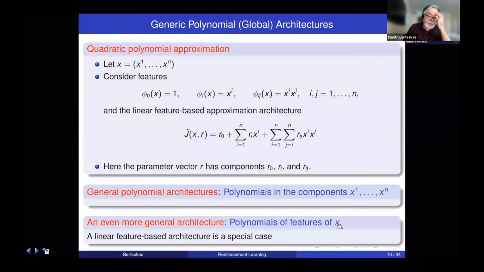In other words, we construct for x an m-dimensional feature vector, and we construct a polynomial architecture that weighs the features. Now that's pretty general. And in fact, this is a valuable architecture in many ways because it combines both linear and quadratic features with problem-dependent features.